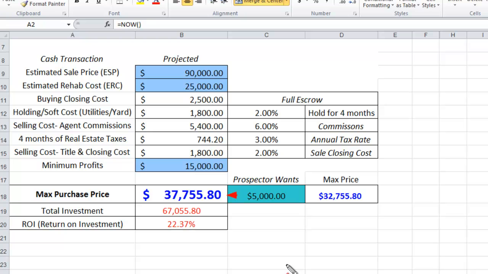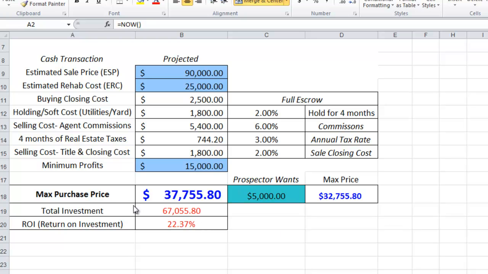The way this is calculated is $90,000 minus the ERC, minus the closing cost, minus the carry cost, minus the commissions, minus the 4 months of real estate taxes, minus the selling cost, minus the profit. That equals $37,755.80 that you should be able to sell the property for.